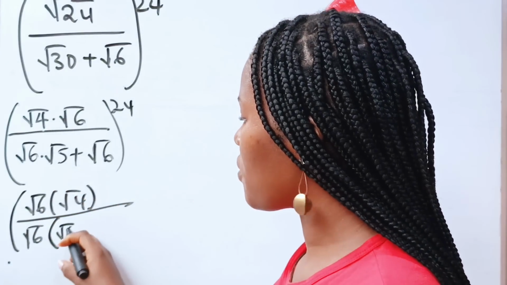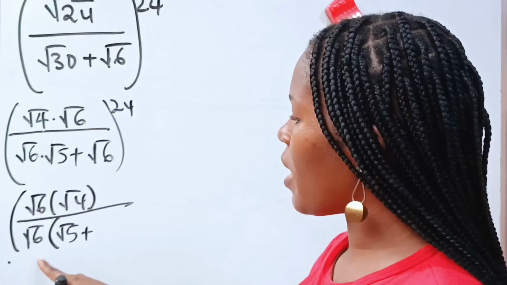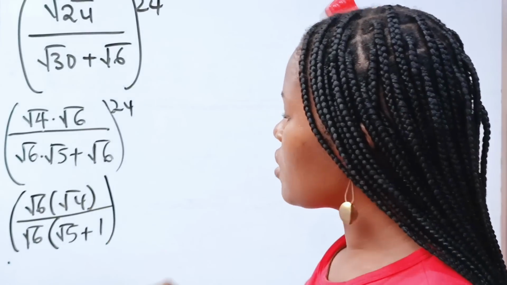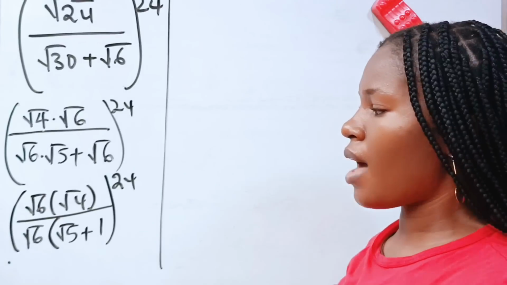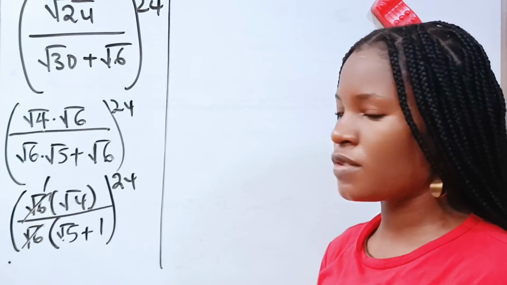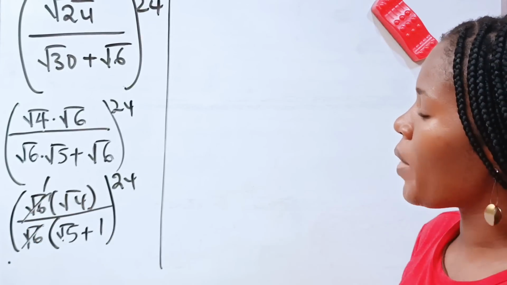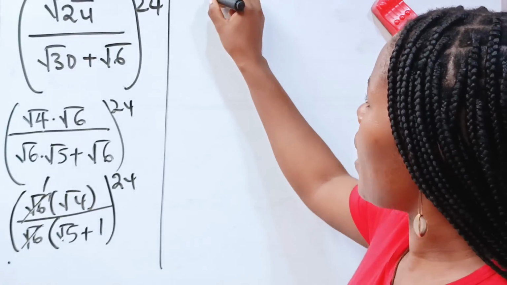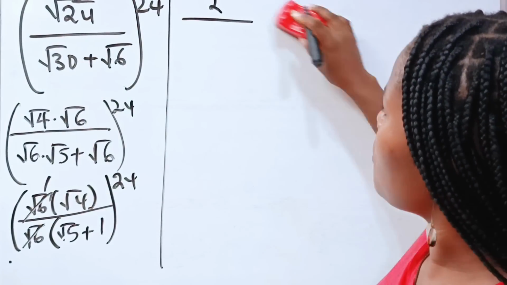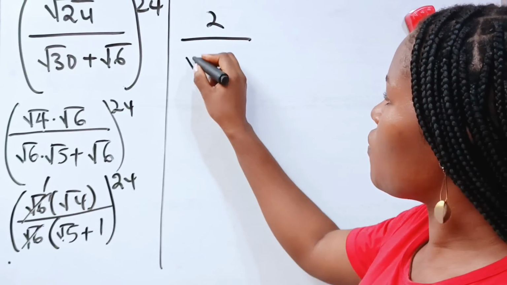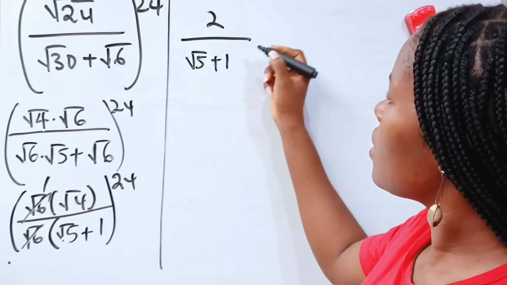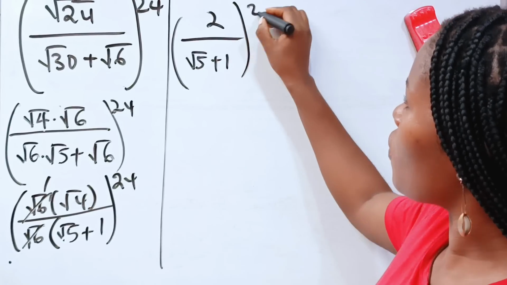So we have root 5 remaining plus root 6 divided by root 6, we have 1. So this is what we have raised to the power of 24. Now can you see that root 6 can divide itself to give us 1? So in essence what we have is square root of 4, which is 2, divided by root 5 plus 1. Now everything raised to the power of 24.